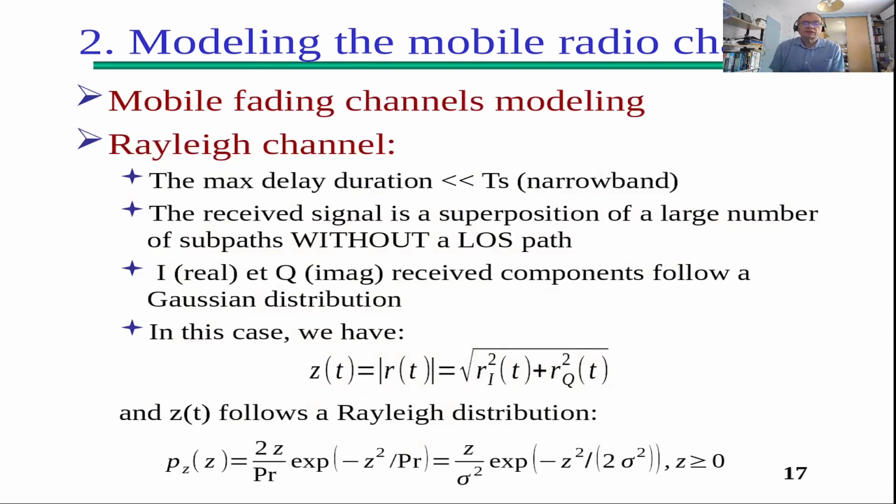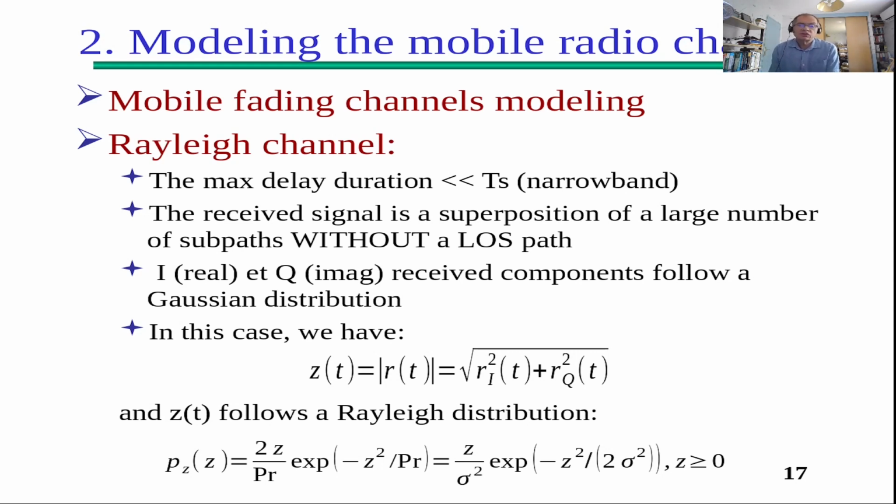After having seen the main physical phenomena on these mobile fading channels, let's introduce two models that are very much used in practice: the Rayleigh and Rice channels. The Rayleigh channel is a channel with only one path, so it's a narrowband channel, and the received signal is a superposition of a large number of subpaths, and it's important to notice that it's without a line of sight path.